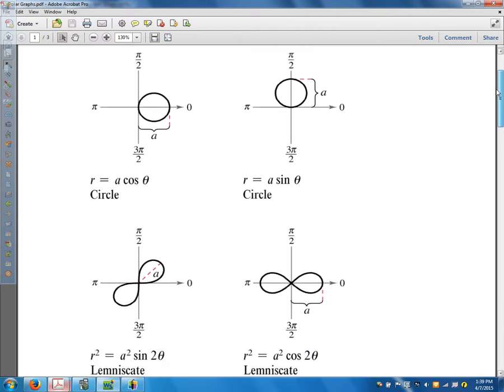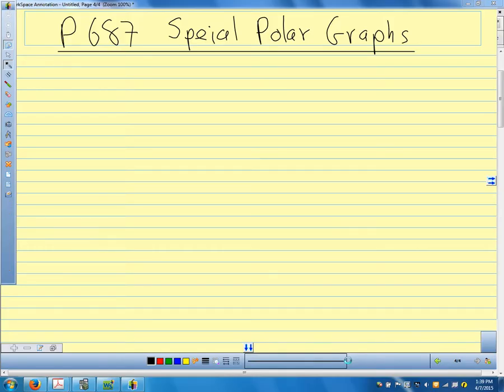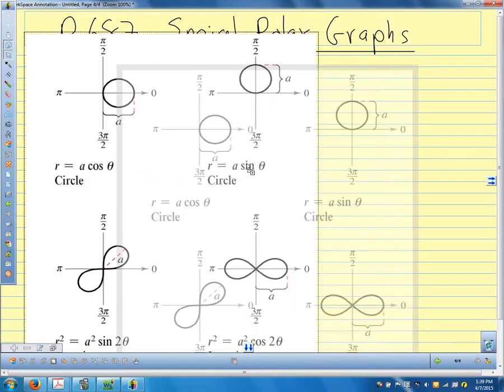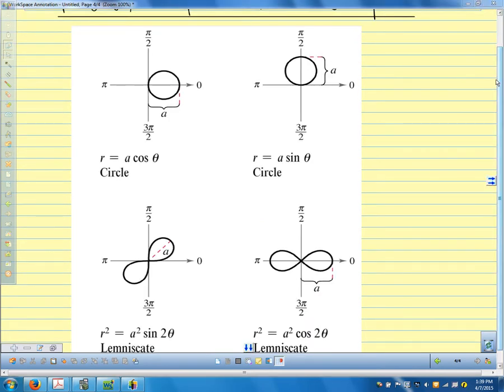So the first ones are circles. Any polar function that looks like r equals a cosine theta or r equals a sine theta is going to be a circle.